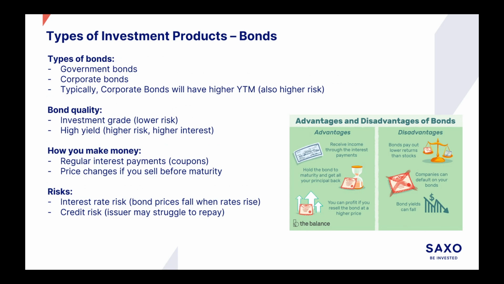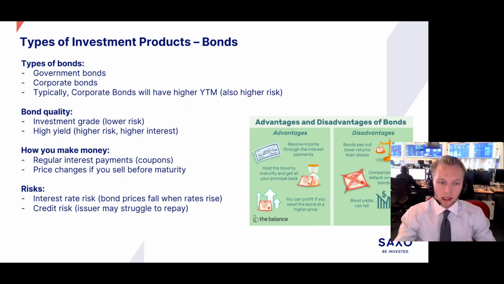And this coupon rate is paid out either quarterly, half yearly, or yearly. So the coupon rate is always expressed as an annual coupon rate. Meaning, if you have a coupon rate of 2% and you have half yearly coupon payments, then you'll get 1% each time. But that is a cash payment that you will receive as a kind of thank you for the loan that you have given this company or country.